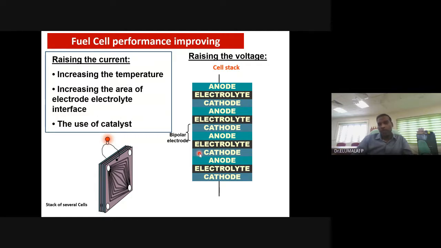Straightforward. So now I think it must be comfortable to you. How will you increase the cell voltage? Go for stacking. Take several fuel cells and combine them in series. You will increase the cell voltage. The total voltage of a fuel cell is V equals V1 plus V2 plus V3 plus V4, and so on.